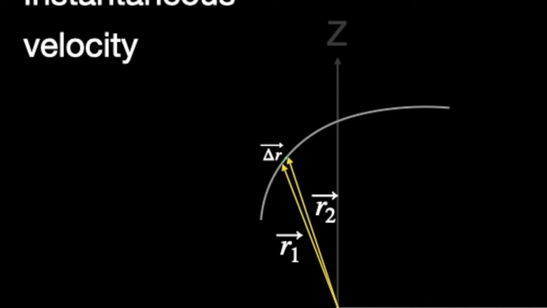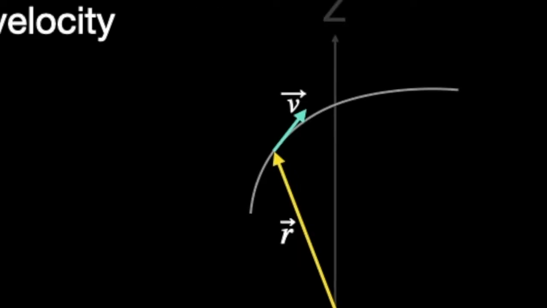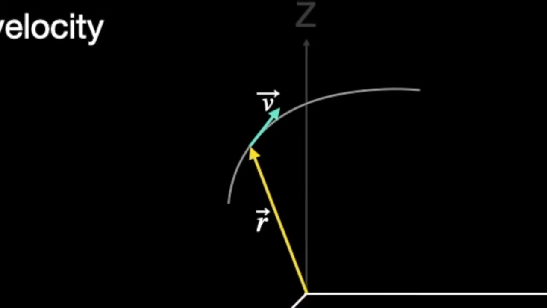Since the velocity vector has the same direction as the displacement vector delta r, the instantaneous velocity will also become tangential to the curved path at any instant.